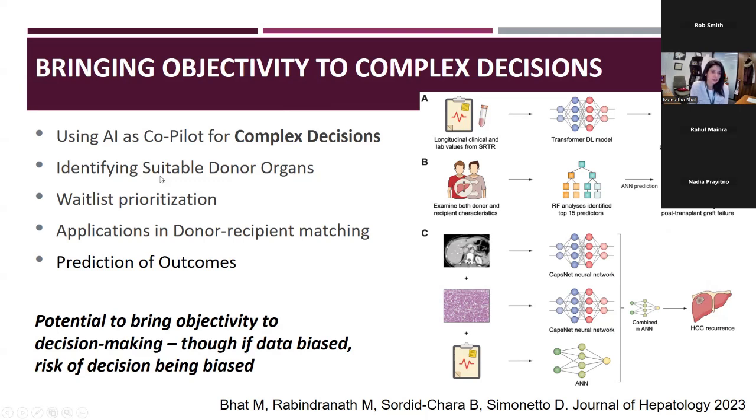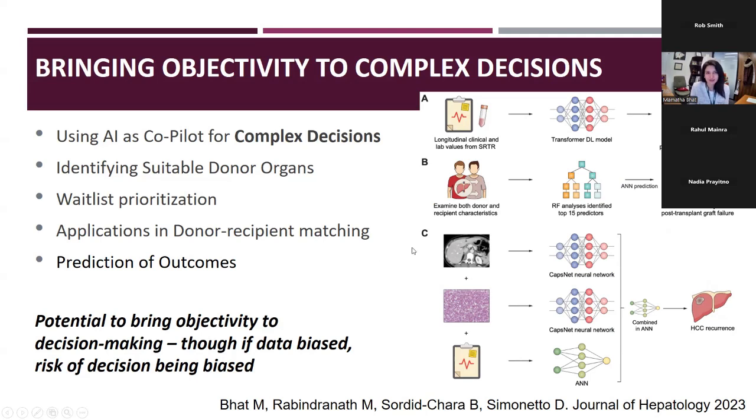And so the types of decisions or tasks that AI tools could particularly be interesting in include the identification of suitable donor organs, waitlist prioritization, donor-recipient matching, and prediction of outcomes. Now, of course, if the data is biased, then there's a risk of the decision being biased.